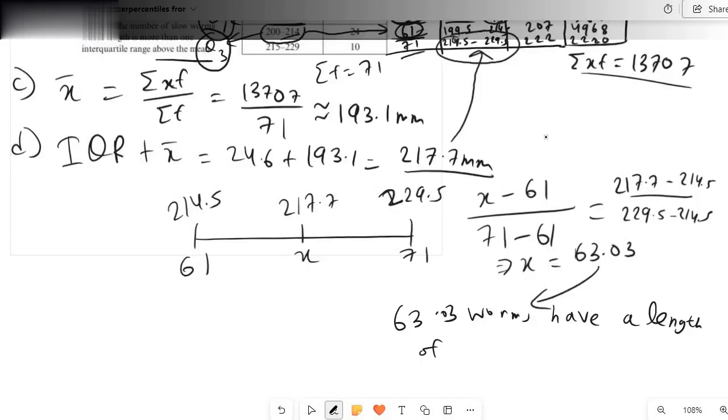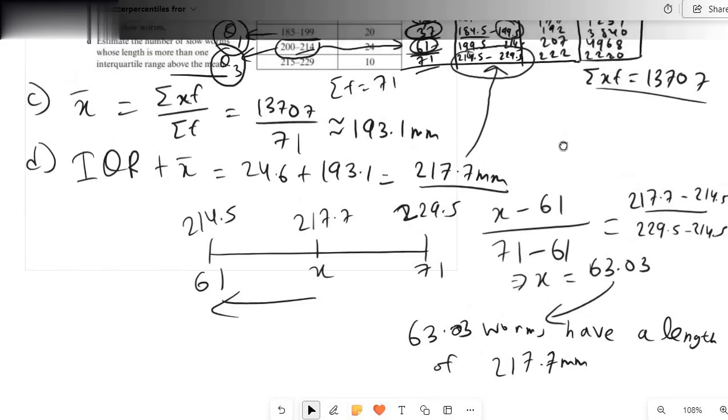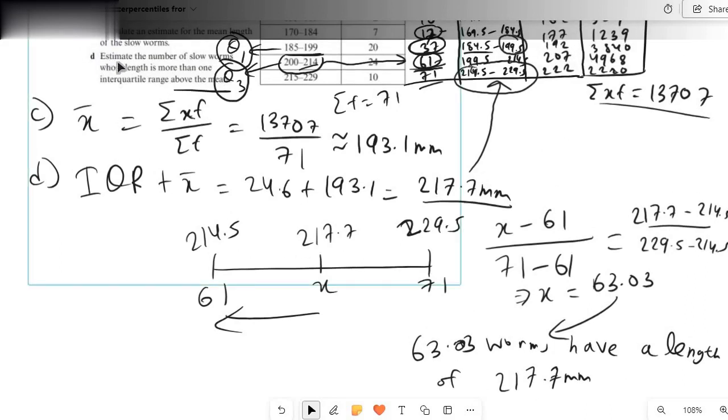What this means is that 63.03 worms have a length of 217.7 millimeters or less, because this is the critical point at which all of them are present. And what it basically means is that this is not the answer, as we have to find the number of slow worms whose length is more than this value.